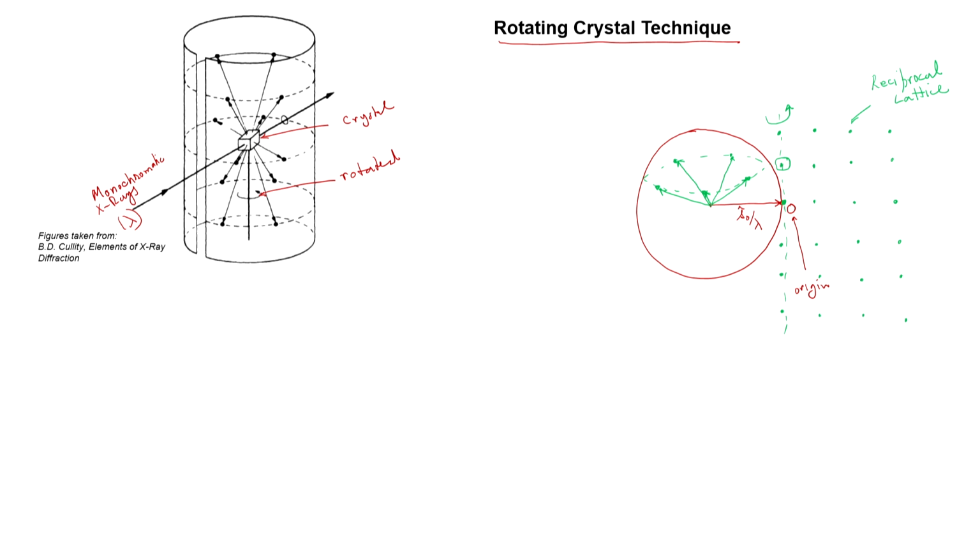And you can imagine, as the rotation occurs, there will be other lattice points which will also be intersecting the sphere at different locations as the crystal is rotated, because the reciprocal lattice also rotates along with the crystal. And that is how you get several diffraction beams in this rotating crystal technique.